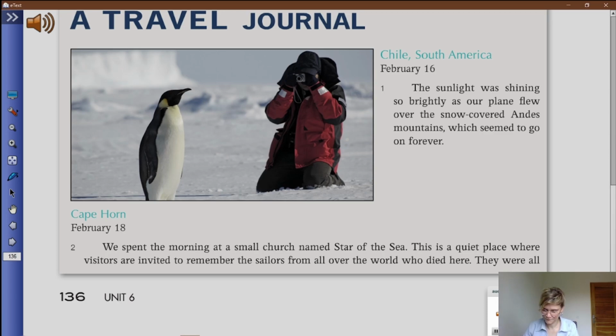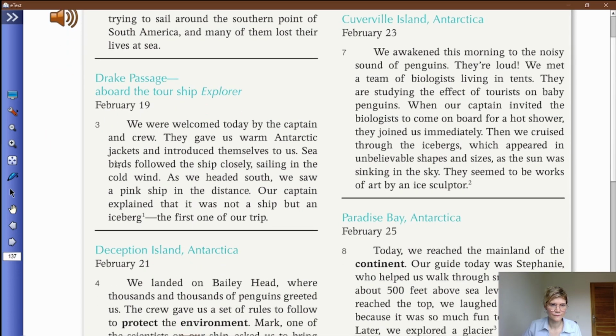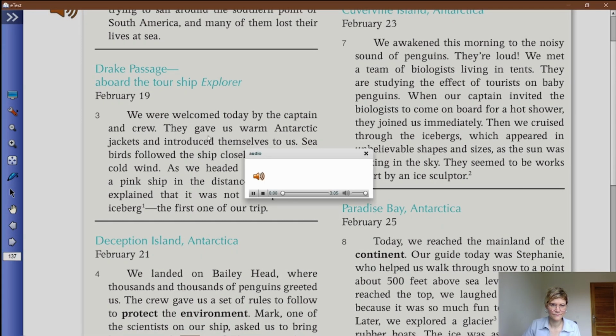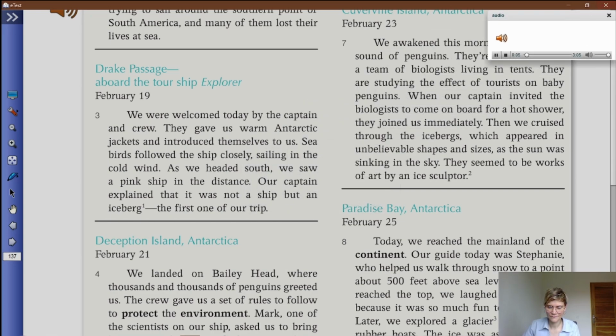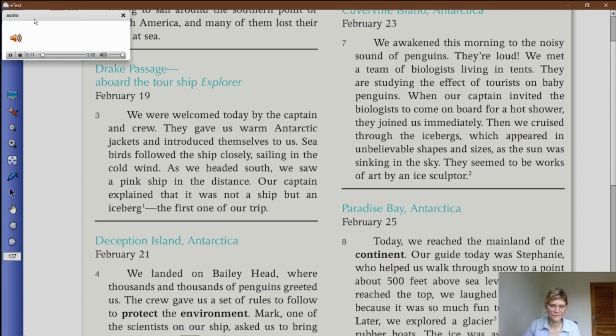This is a quiet place where visitors are invited to remember the sailors from all over the world who died here. They were all trying to sail around the southern point of South America, and many of them lost their lives at sea.